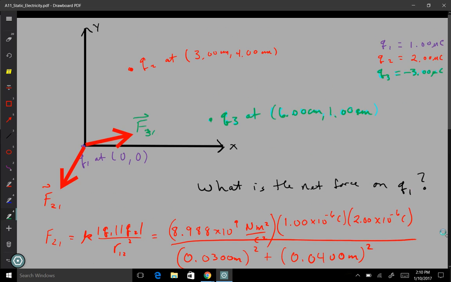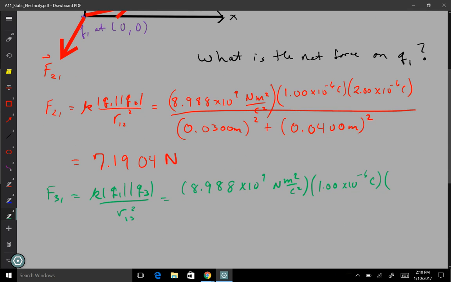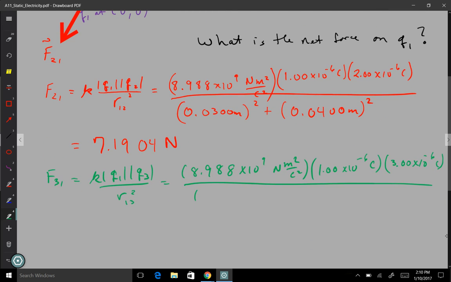Charge 3 was minus 3 microcoulombs. I don't put the minus sign because I'm just doing magnitudes. We have to remember that when we say we're just doing magnitudes, we're really just doing magnitudes and not throwing in the minus sign. And those numbers were 6 and 1.